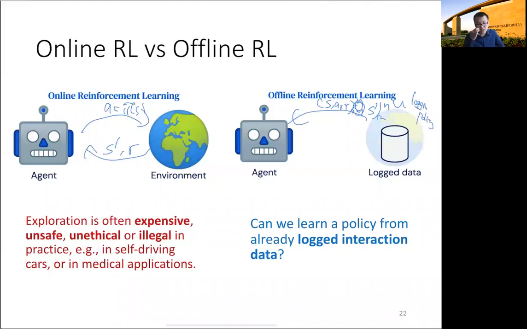Sometimes you know the policy, sometimes you don't. Once you have this data set, the agent is supposed to come up with a new policy that is better than the old one, possibly getting a nearly optimal policy with only logged data.